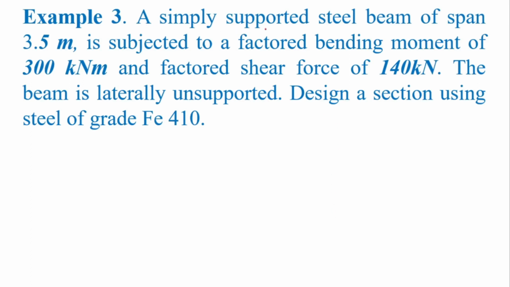A simply supported steel beam of span 3.5 meter is subjected to an effective bending moment of 300 kN meter and an effective shear force of 140 kN. The beam is laterally unsupported. Design a section using steel of grade Fe 410. Let's start the solution.